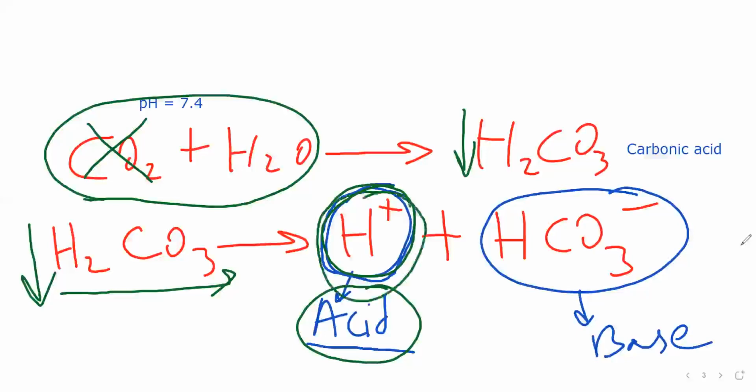So we see here a direct or indirect link between carbon dioxide and hydrogen ion, a direct or indirect link between carbon dioxide and acidity, a direct and indirect link between carbon dioxide and blood pH. That's how carbon dioxide and pH are linked.